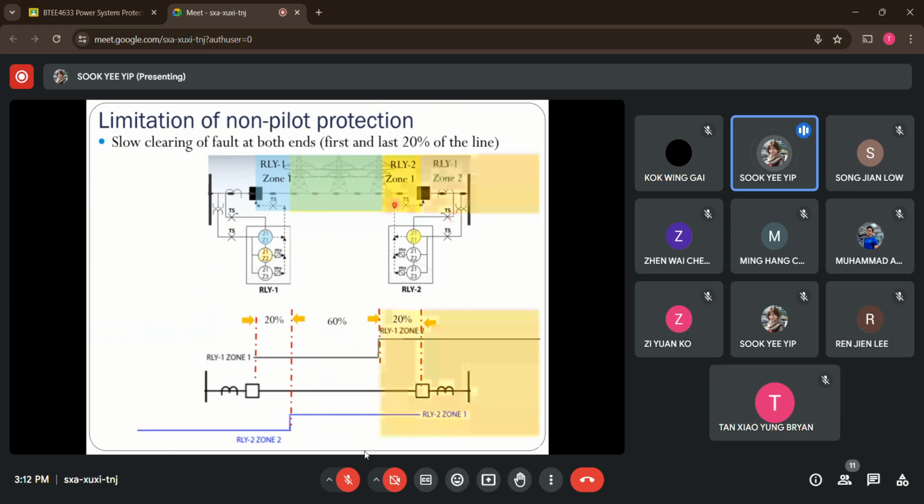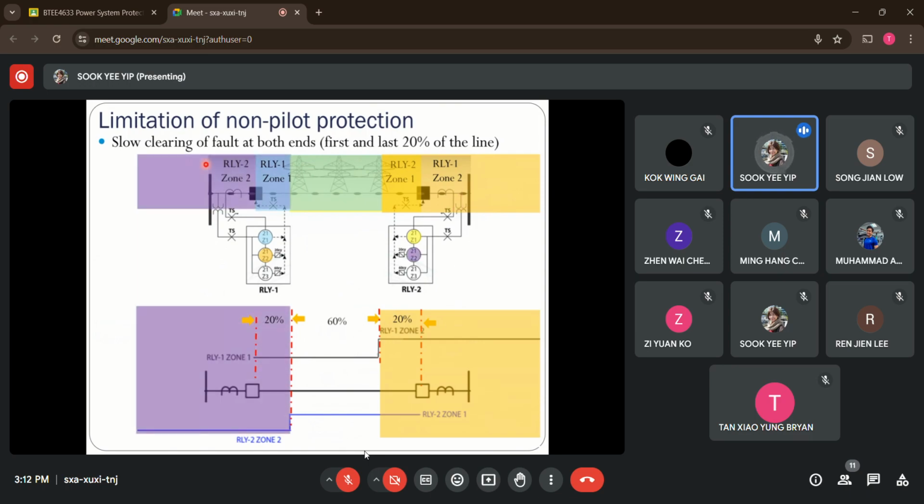So you will notice that the orange colored region here would be the second zone of operation for relay 1. So you can see after the delay time of 20 cycles, it will reach its second zone. Same goes for relay 2 here that is located at the right-hand side of the line. It will have its second zone of operation.